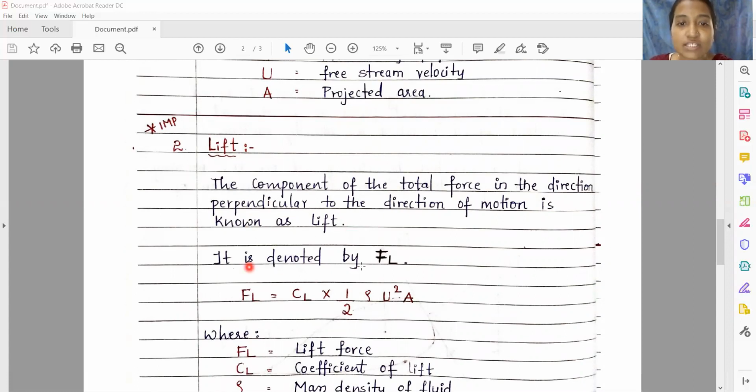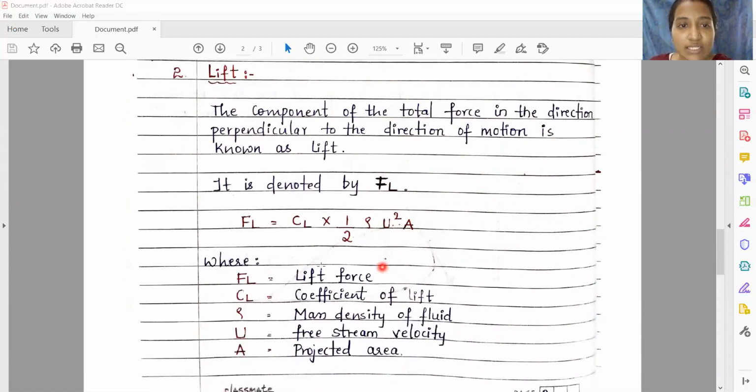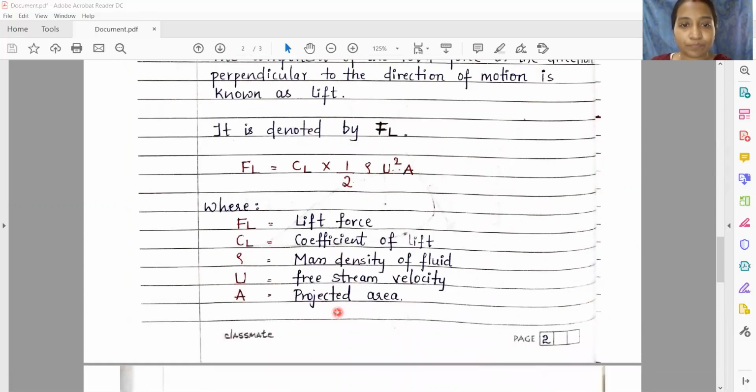It is denoted by FL, the lift force, and FL equals CL into half rho U square A. FL is the lift force, CL is the coefficient of lift, rho is the mass density of the fluid, U is the free stream velocity, and A is the projected area.